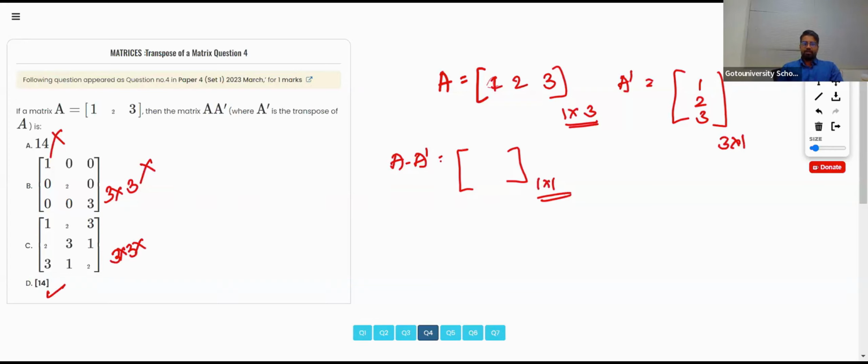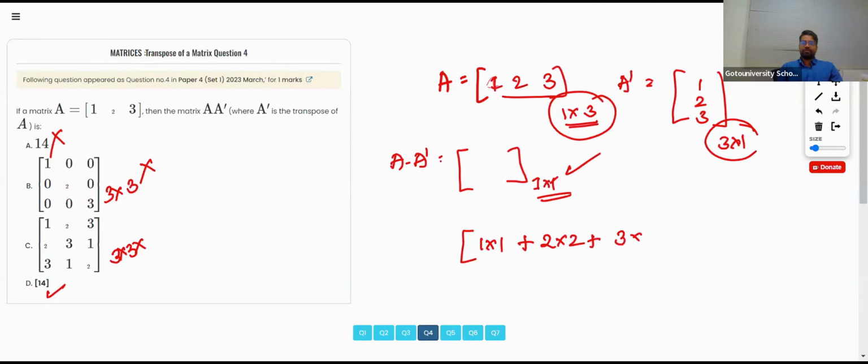If you want to solve these questions faster with less time, and if you know this concept, 1 cross 3 multiplied with 3 cross 1 will give you only 1 cross 1. And fortunately, we have only one option following this order itself, right? That's the answer. You have a doubt? Let's verify. First row, first column, right? So what will you get? 1 into 1 plus 2 into 2 plus 3 into 3.